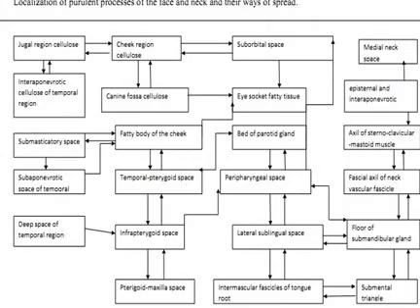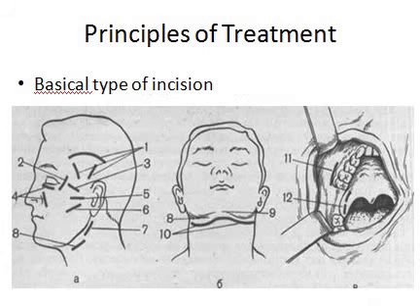Now we will talk about the principles of treatment, the fundamental principles of treatment of infection. First of all, you have to take a detailed medical history from the patient.